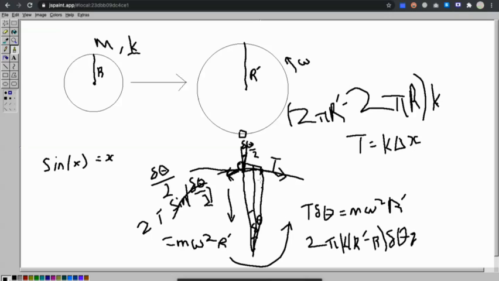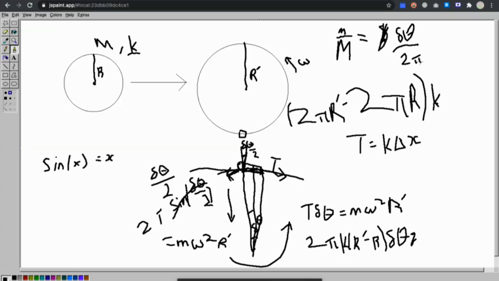Well, m is the mass of this small length right here that subtends an arc of delta theta. So we can rewrite m as, so we know that the total mass is m, capital M. We know that this m is going to be in a ratio of, so lowercase m to the big case M is going to be equal to this delta theta over 2 pi.